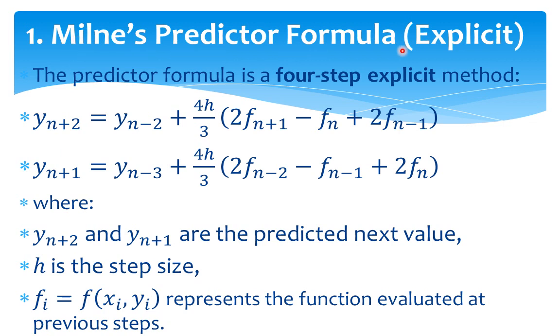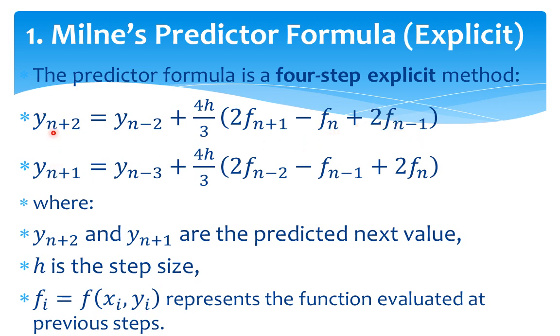Milne's predictor formula, explicit. The predictor formula is a four-step explicit method. y(n+1) equals y(n-2) plus 4h upon 3 bracket 2f(n) minus f(n-1) plus 2f(n-2).